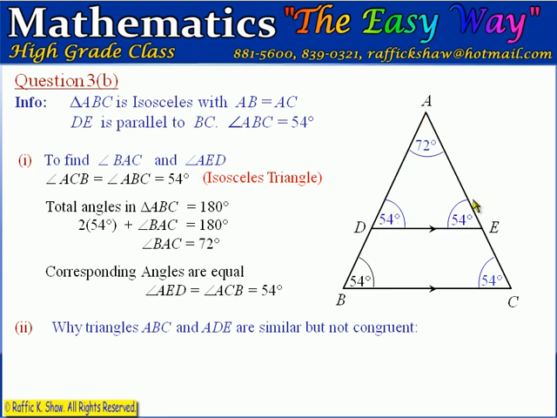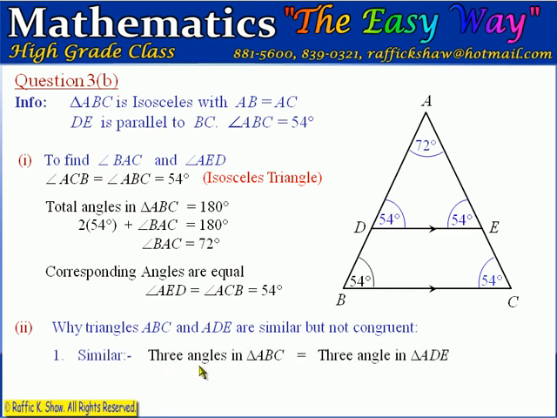And therefore, this small triangle ADE is similar to this triangle ABC, but they are not congruent because this triangle ADE is smaller than this triangle ABC. They have equal angles, but the side lengths are different. ADE is smaller than ABC, and that's the reason.